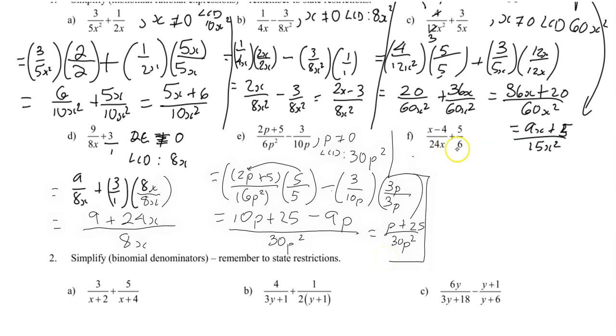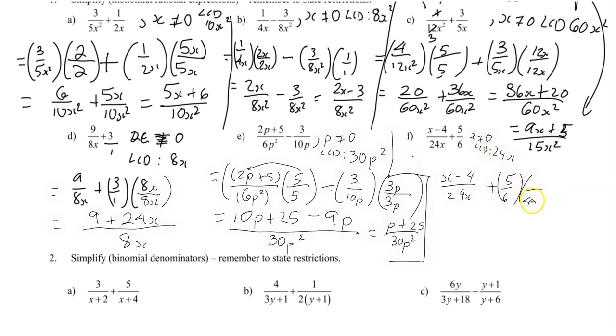Okay. This guy, so x cannot be 0. And the LCD, well, 6 goes into 24, and then we need an x, so 24x. So we don't have to do anything to this: x minus 4 over 24x plus 5/6. To get 24, we put a 4.